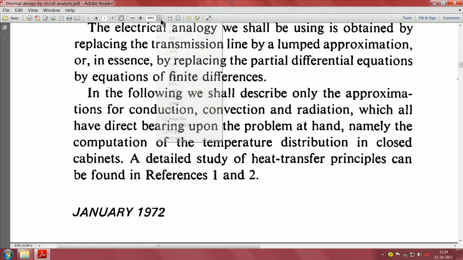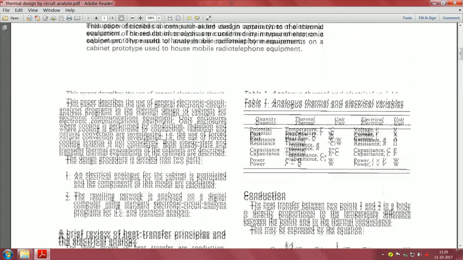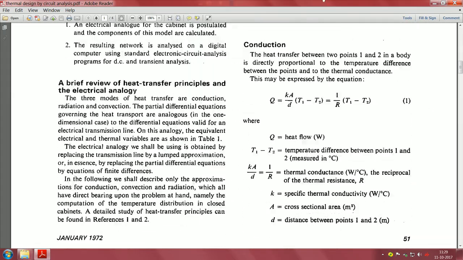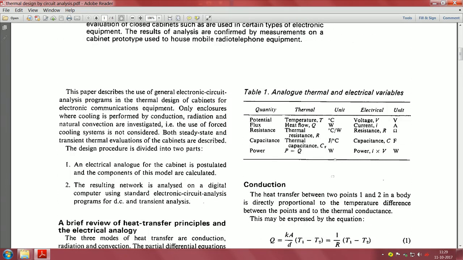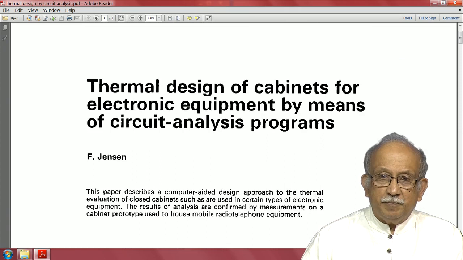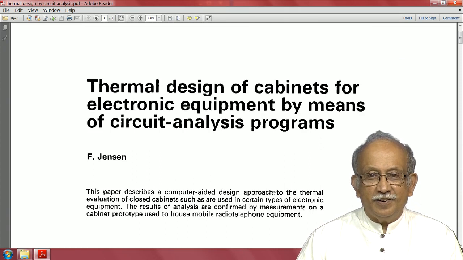I did not make it, but I could retrieve it from the things which have been kept. It did not get scanned. Anyway, these people were the sort of pioneers who worked on solving these problems long ago.